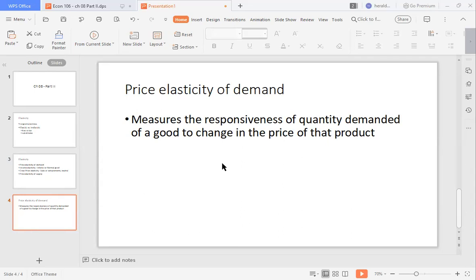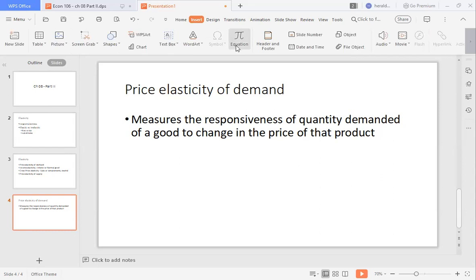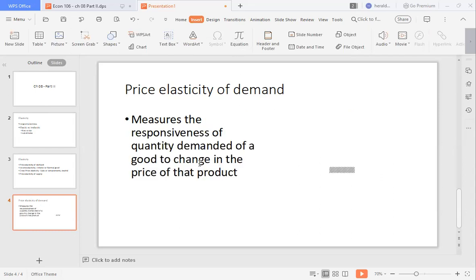Okay, so now in your introduction to the discussion on elasticity, you were introduced to this kind of formula. It's a midpoint formula in computing elasticity. I'll write it down quickly again so that it can help you remember what those variables are that we are studying for price sensitive demand.